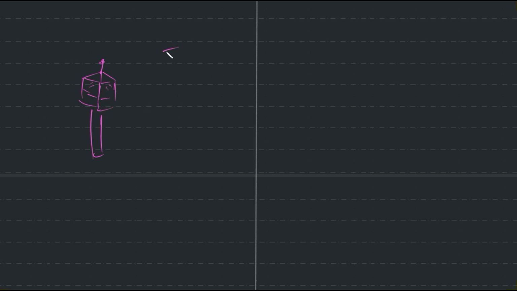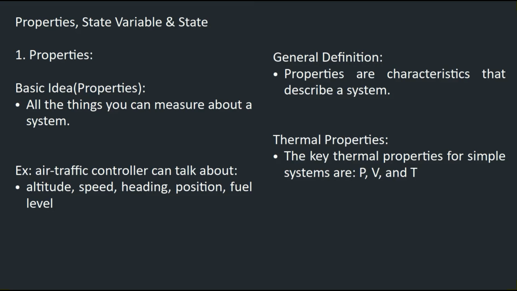They are monitoring the planes, guiding them towards landing and giving them permission for takeoff, is it not? So what are the properties that they might be talking about? The altitude, speed, heading, position, fuel level, all of these are the things that they can chat about. Those are your properties for an air traffic controller.